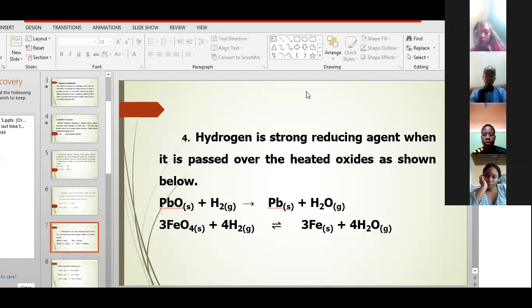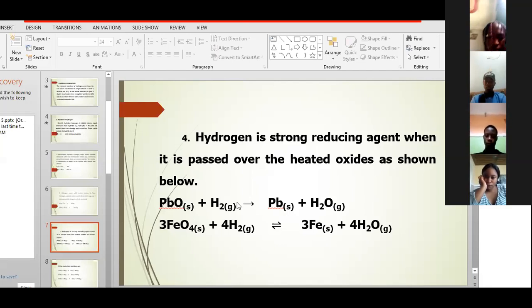All right, we are saying that number 4, the chemical property of hydrogen, is that hydrogen is a strong reducing agent. Being a strong reducing agent, it has the power to extract oxygen atoms from another compound. Looking at the equation, lead(II) oxide reacts with hydrogen gas to form steam and lead solid.